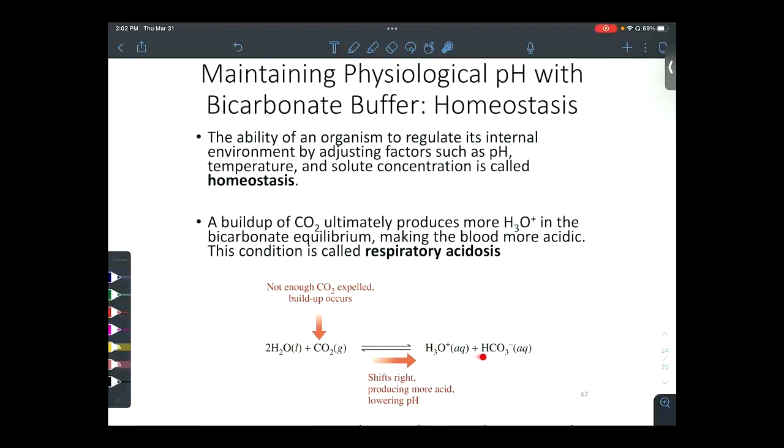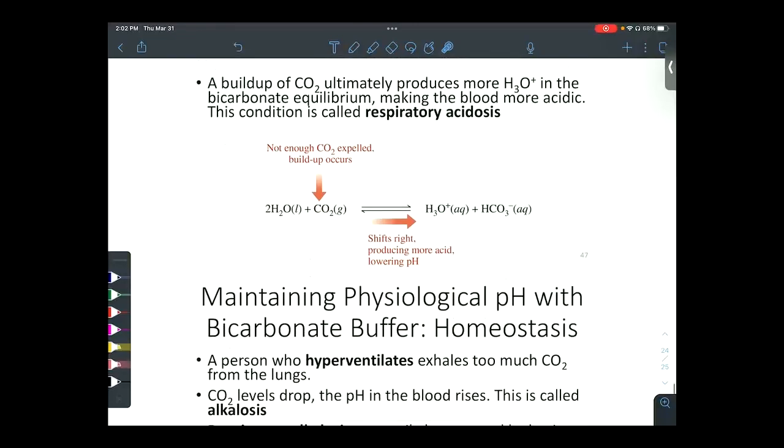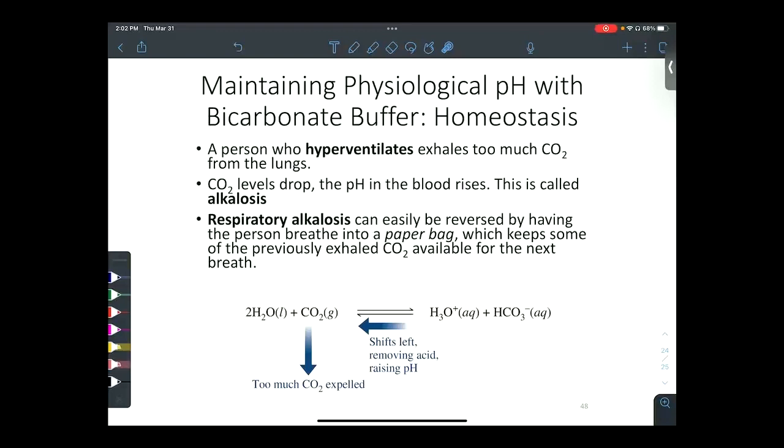The reaction is pushed this way. Not enough CO2 is expelled from their body, so we have this buildup of CO2, and it goes this way, and our blood gets more acidic. So when we ask them to breathe into a paper bag, it keeps some of that CO2 available for the next breath. So hold on, too much CO2 expelled shifts the reaction to the left, removing acid, raising pH.